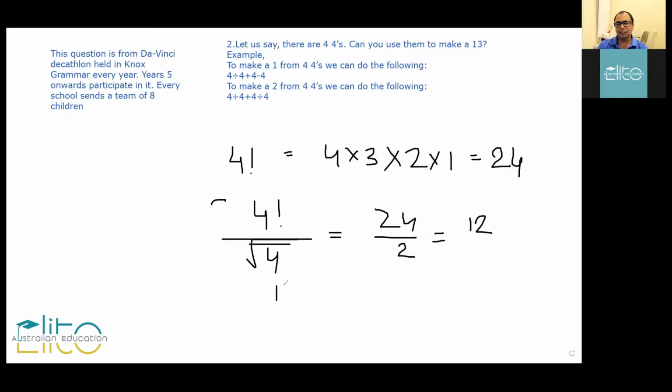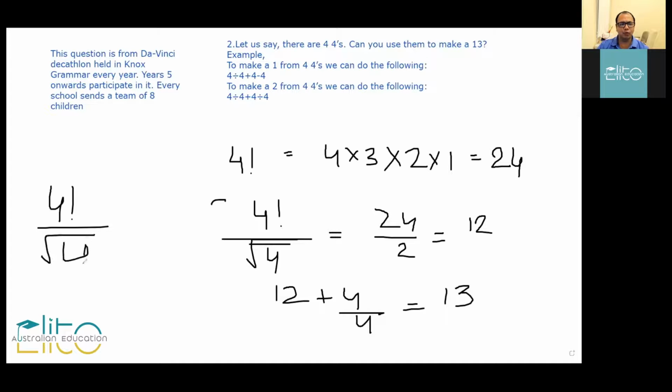And after that it is a difficult way to get a simple answer. So it's essentially 4 factorial divided by root 4 plus 4 divided by 4.